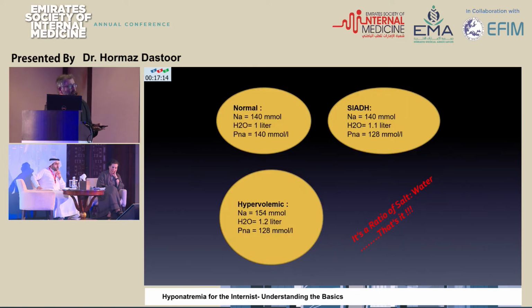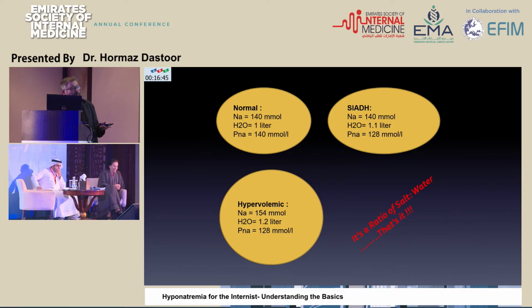So what is hyponatremia? If you take 140 millimoles of sodium and you add 1 liter of water, then you get your normal sodium concentration of 140 millimoles per liter. So that's the normal labs. Now, if you have a pathophysiological state like SIADH, so as the name suggests, ADH, you have a water problem and you are retaining water.